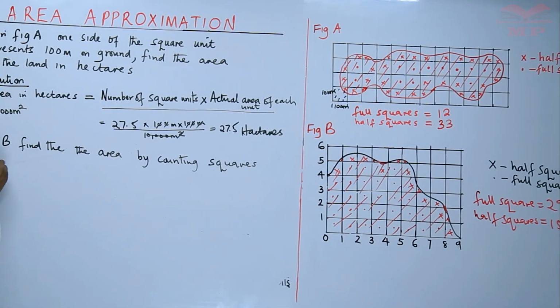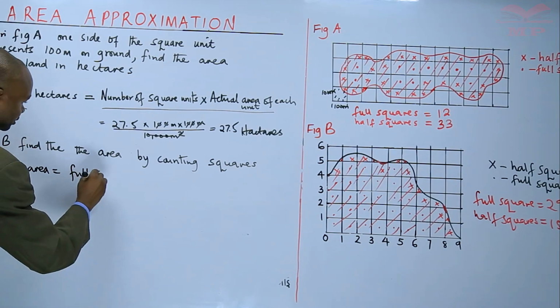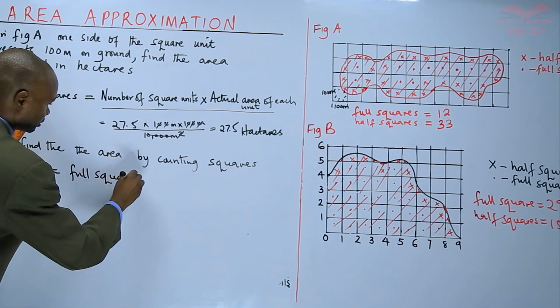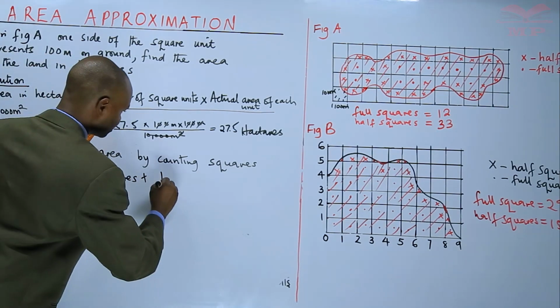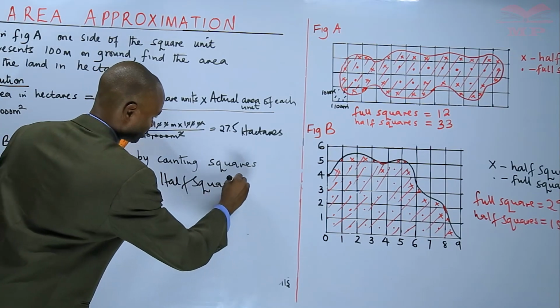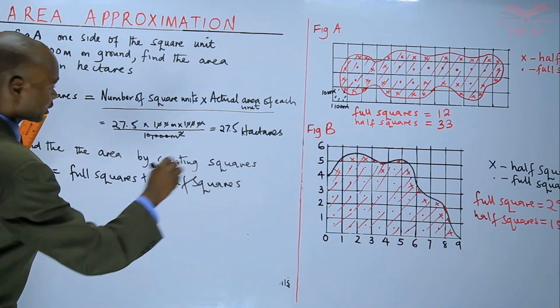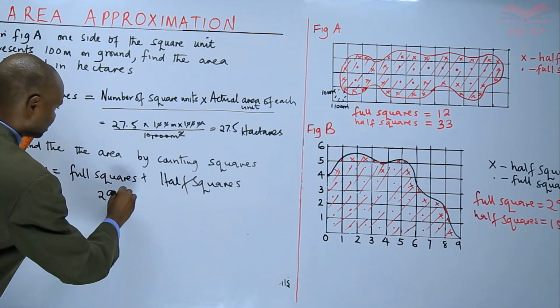just come total area, will be given by full squares plus half squares. That is what we do when we have the counting squares. So the full squares are 29, Lana.